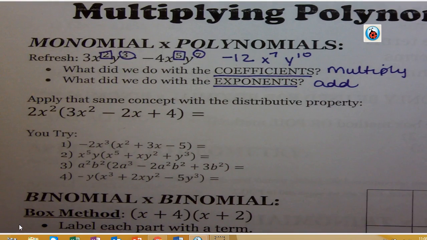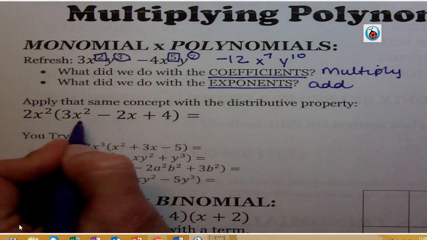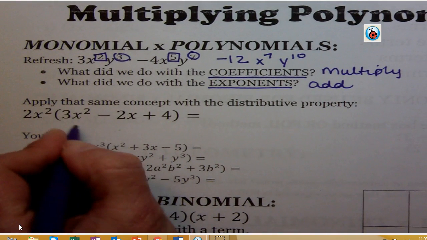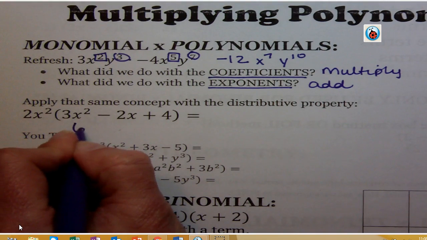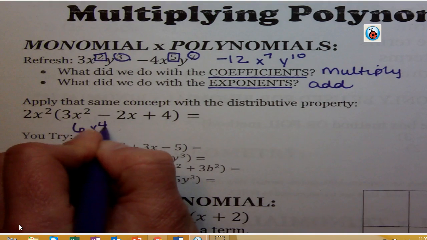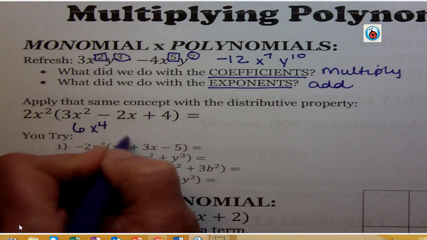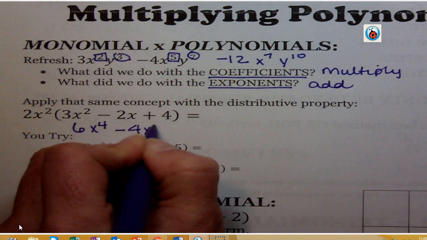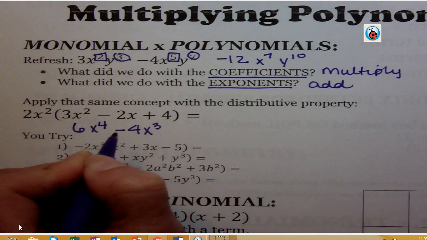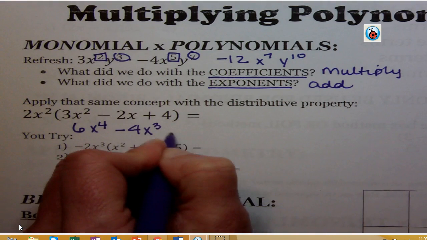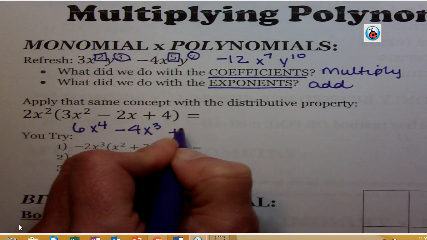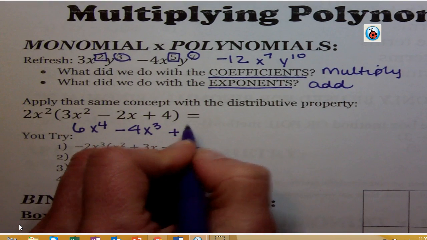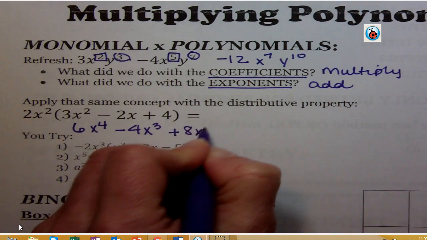So if we were going to multiply those two, we would get 6x to the 4th minus 4x to the 3rd plus 8x squared.